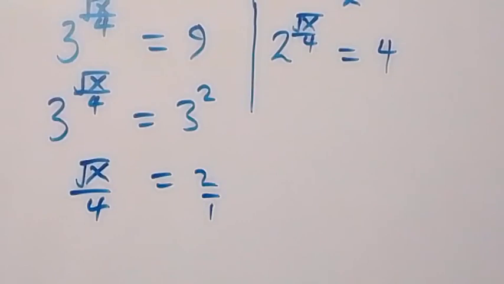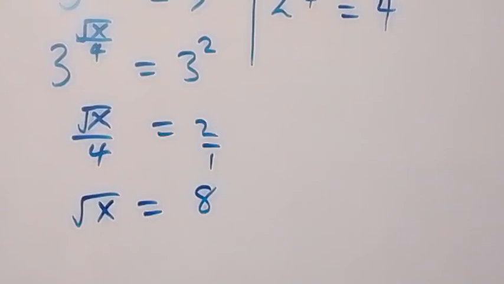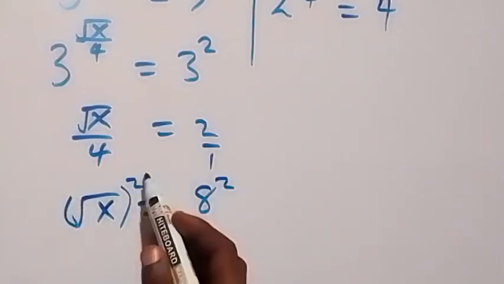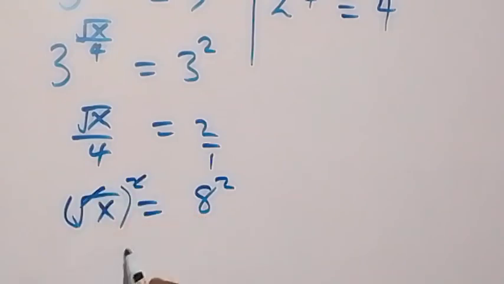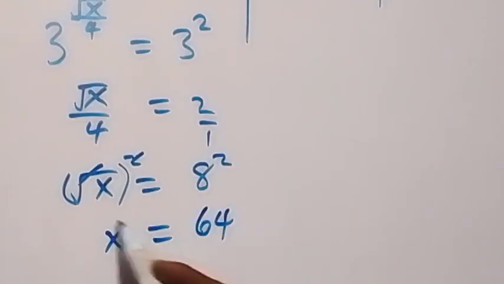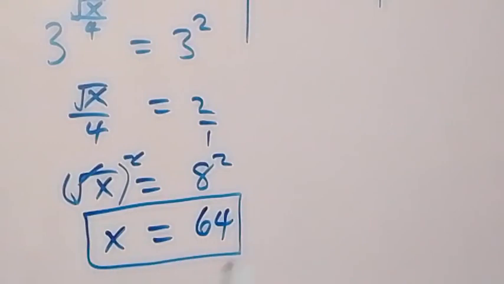Then when we cross multiply, we have root x now equals to 2 times 4, which gives us 8. Then we can square both sides to get x. Square cancels square root, and here x now equals to 8 square, 8 times 8, and that's 64. So we have x equals to 64.